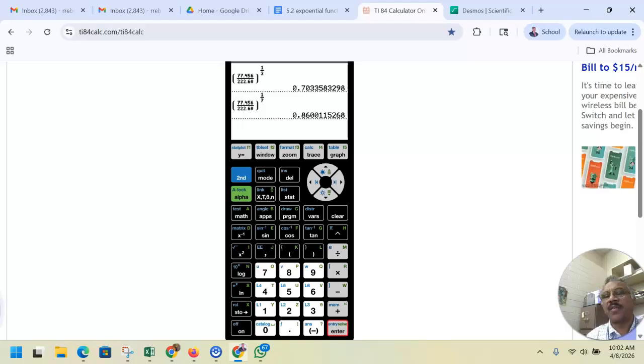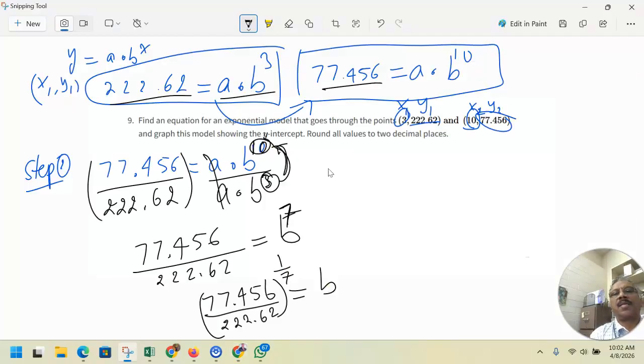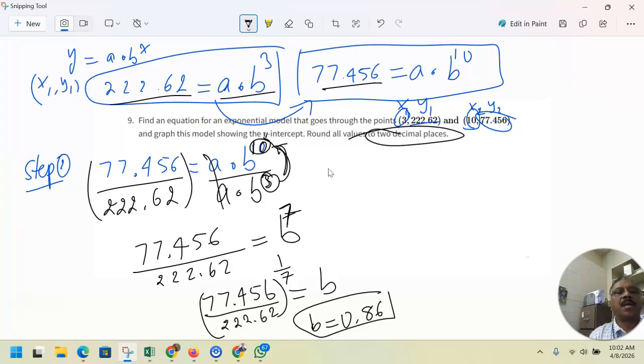And this question says 2 decimal places, so the b that you get in the calculator you can round to 0.86, and you're done. Now this goes in the equation right here, so the equation is y equals a times 0.86 raised to x.